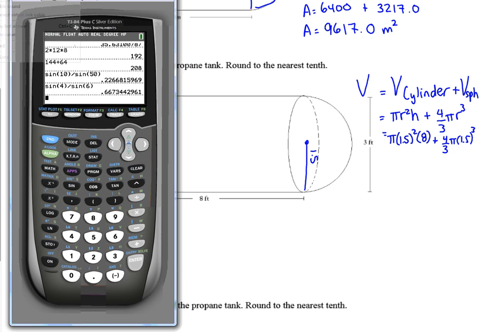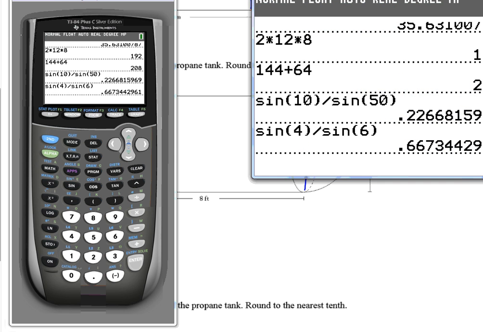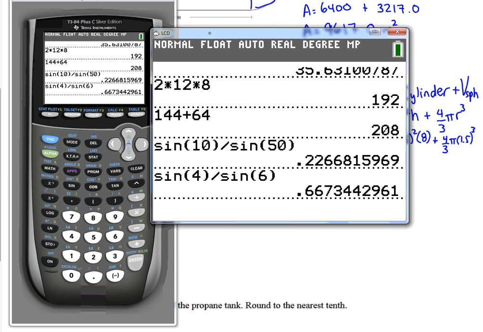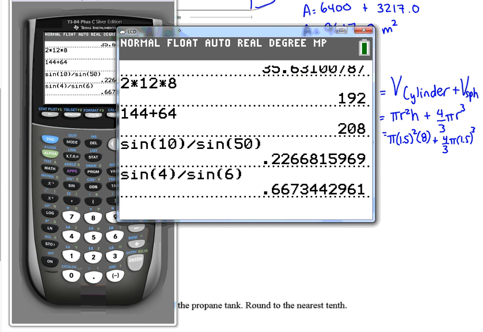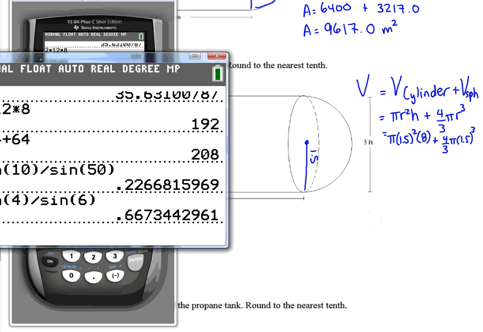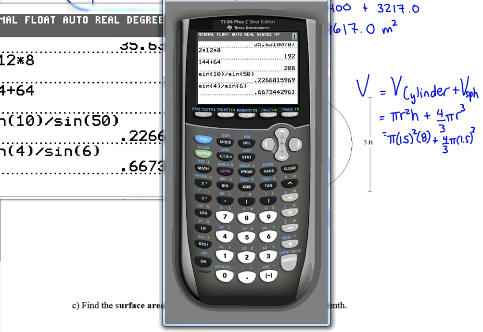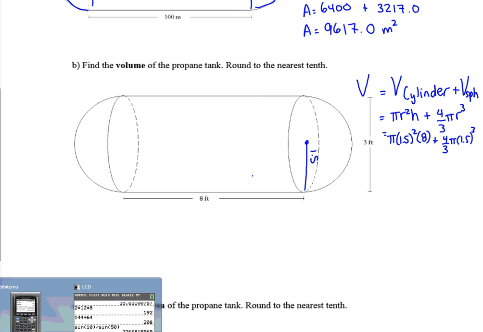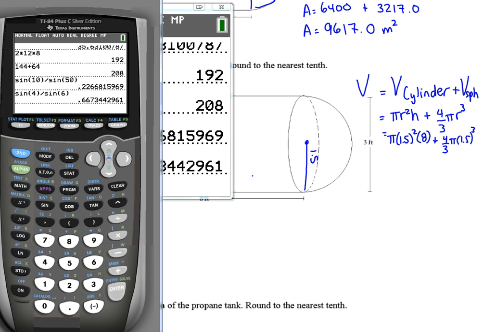So I'm just gonna detach. So let's type this in. Over here. Okay, so we're typing this in. Sorry. Clear. Clear. Hey. Oh gosh.